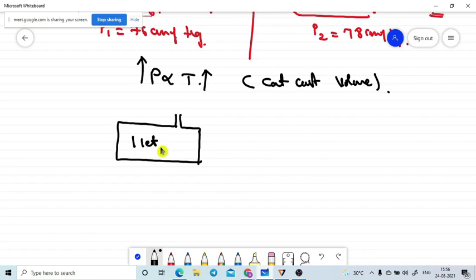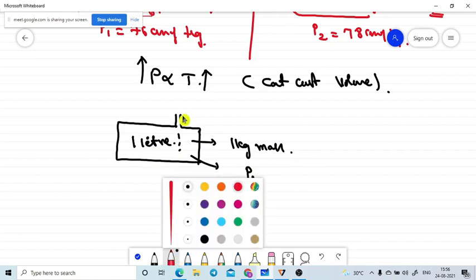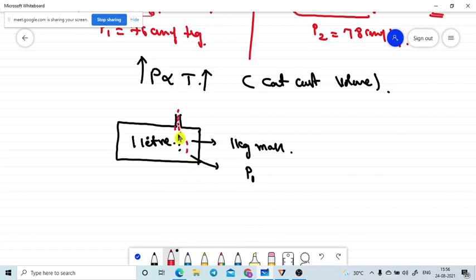At constant temperature, I introduce 1 kilogram of gas, and I calculate the pressure as P1. Then I introduce some more mass into the vessel. Let's assume the second case has 2 kilograms of mass, and now I calculate the pressure as P2.